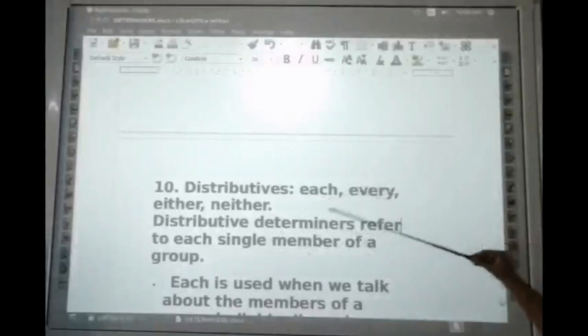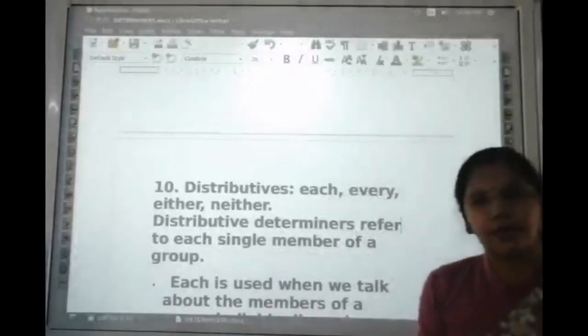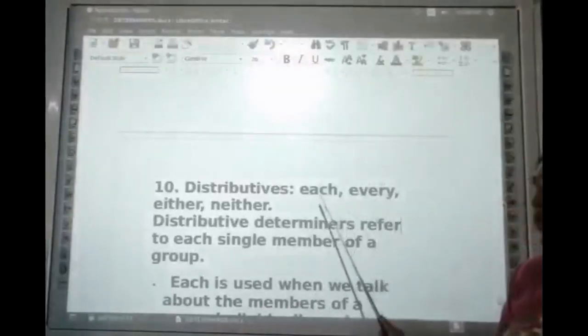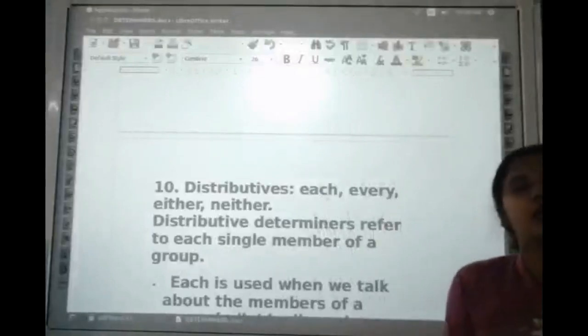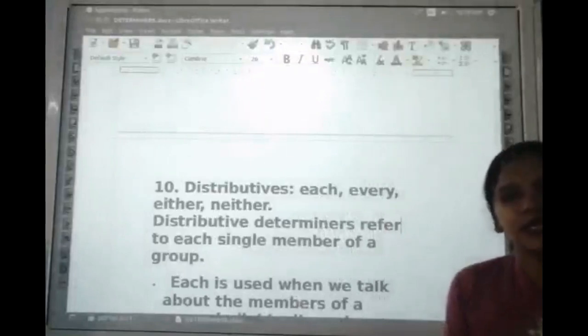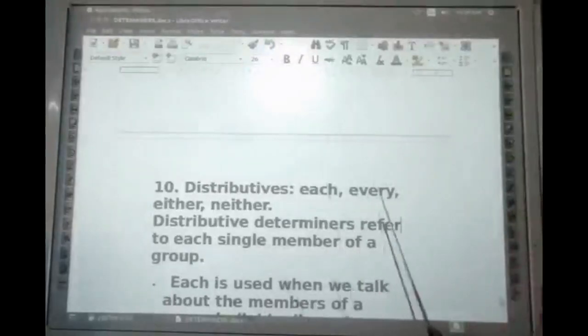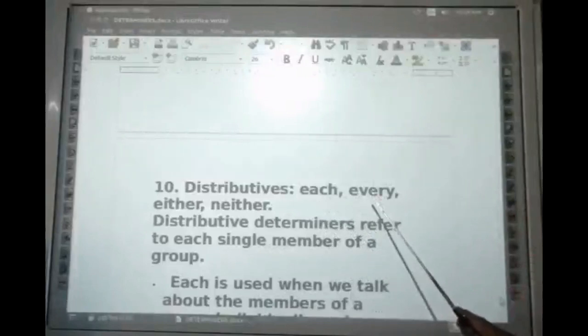Every: we are not able to count all the members, but we are talking about every member in a huge crowd. When we are able to count the number of people, we use each, and when we are not able to count the people, we use every.